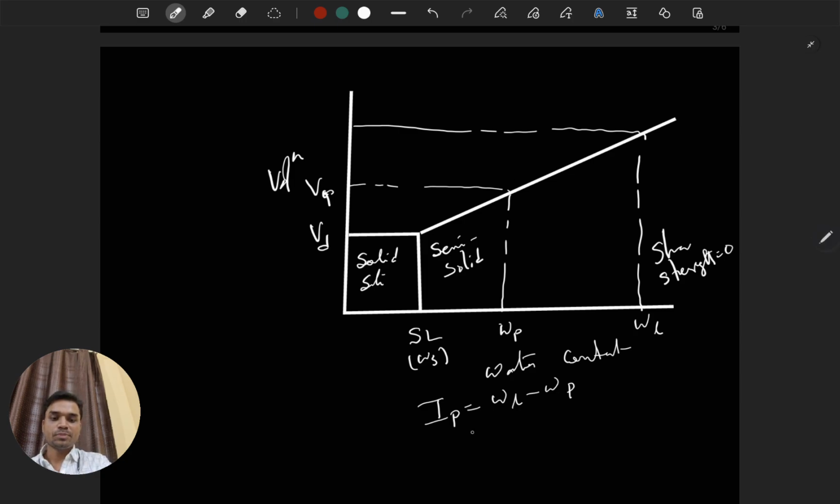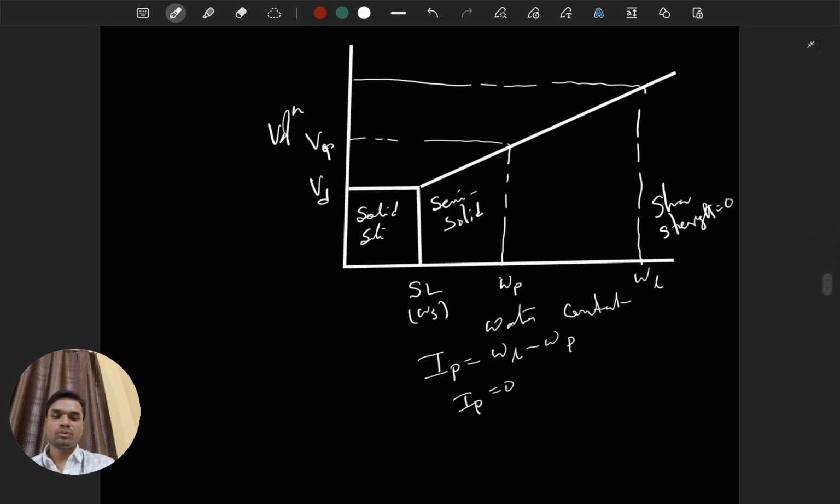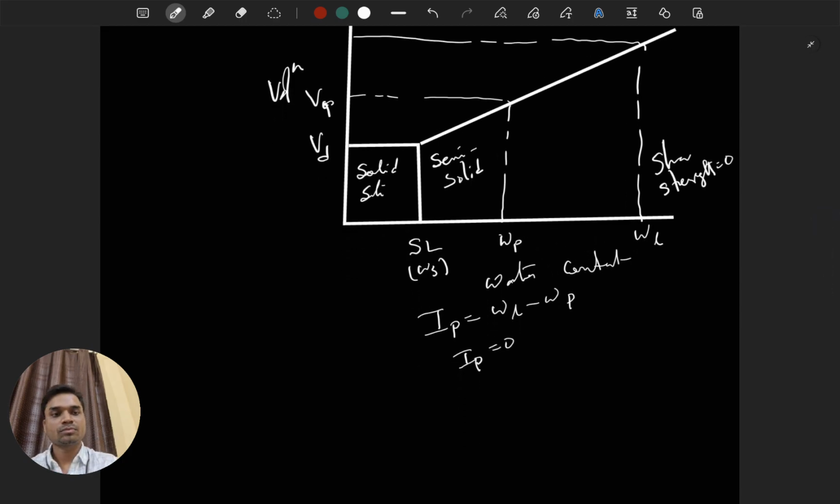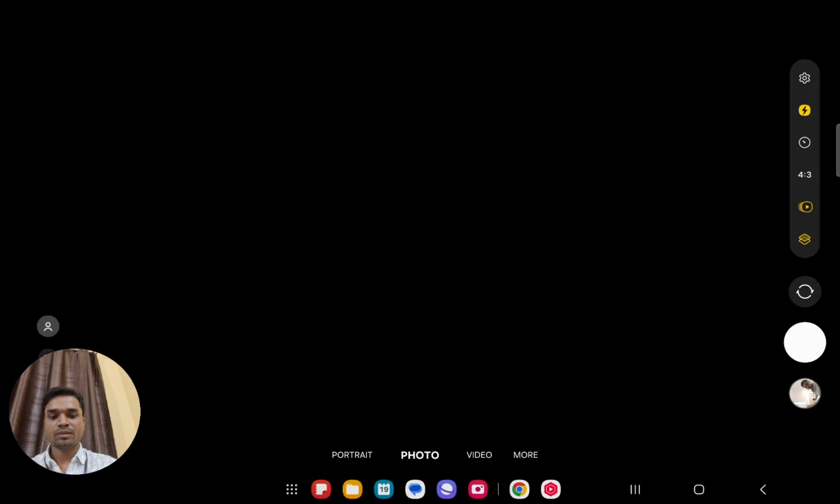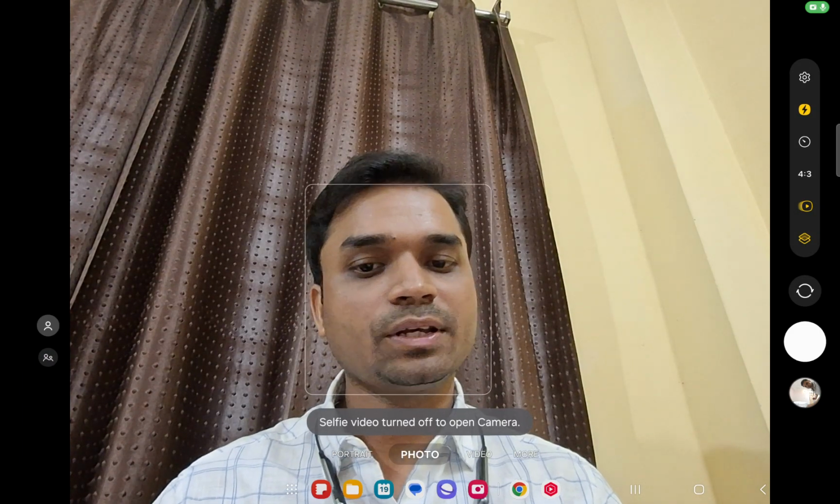So if IP becomes 0, it indicates what? It indicates sand. Now if we mix sand with clay, sand means what? Non-plastic, because IP becomes 0.